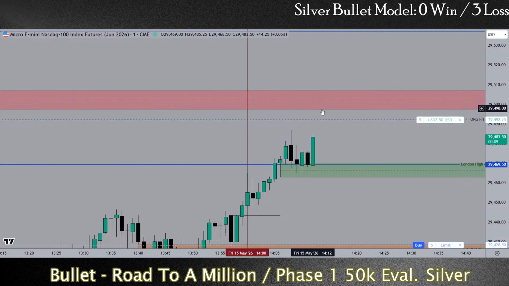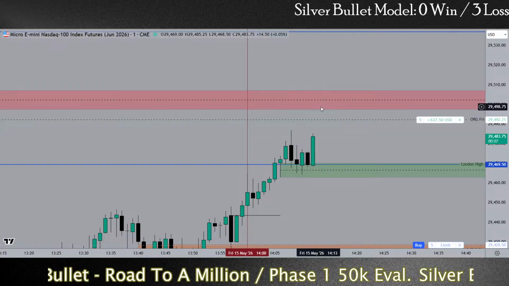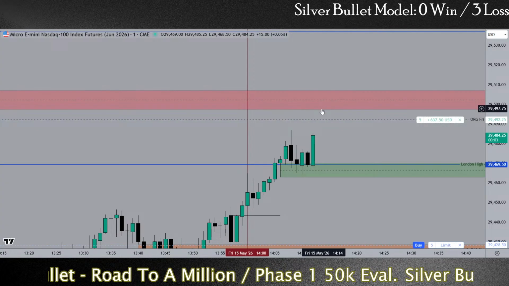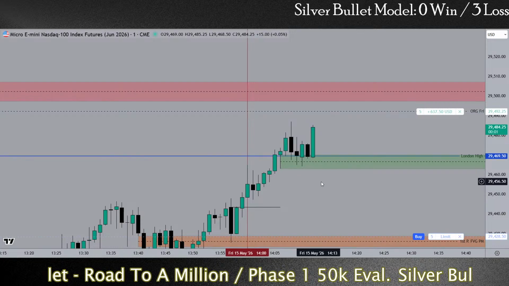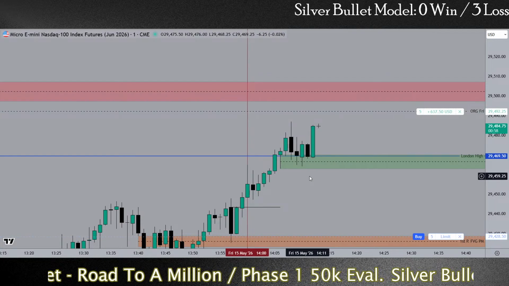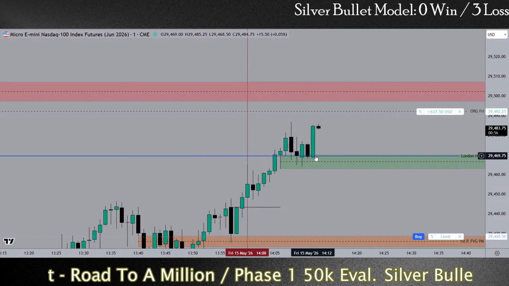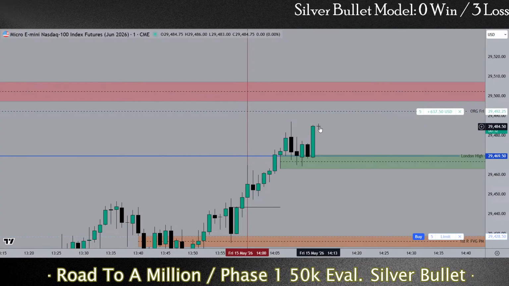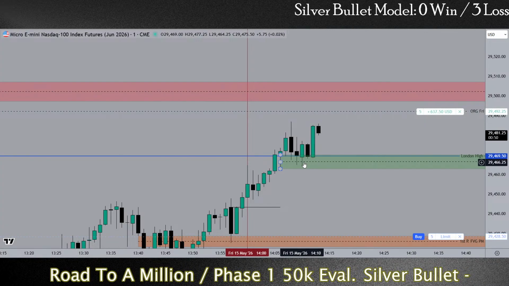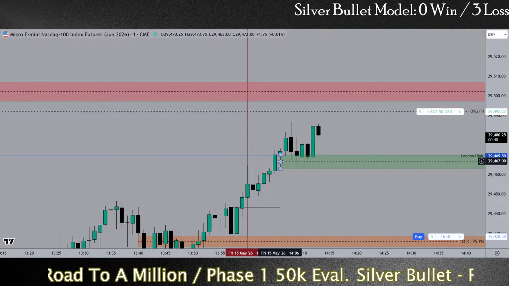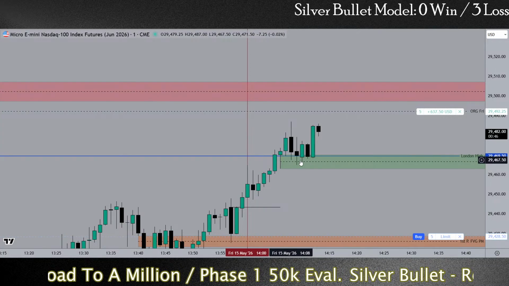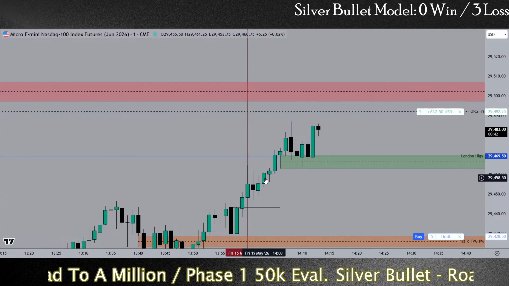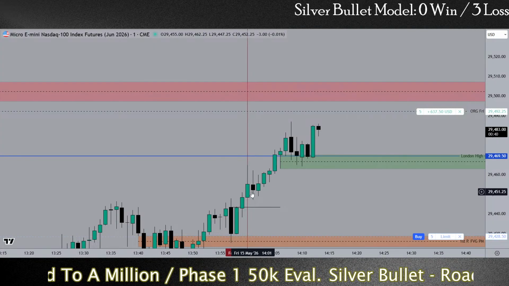That's a very, very nice little inefficiency that it could draw up into. So at this moment, if that's the case, I would not like to see it go back inside of this week. But yeah, we'll see. Still no fair value gap.